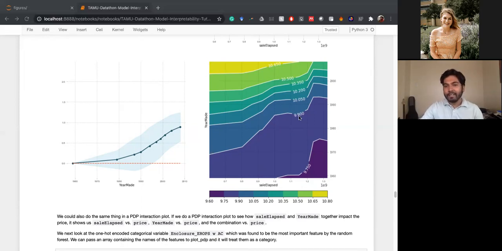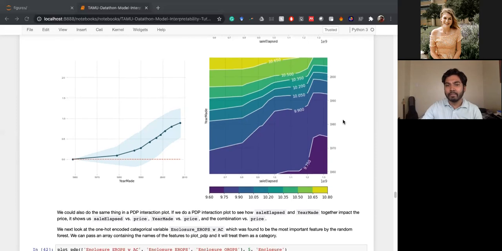The contour lines look a bit weird. You'd expect them to be linear, but we have taken the log of our price, so they don't look linear. At the same time, there's a bunch of interaction going on in this data set, so that is affecting the price as well.